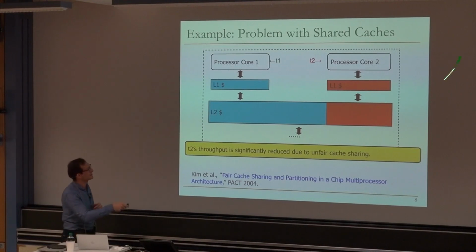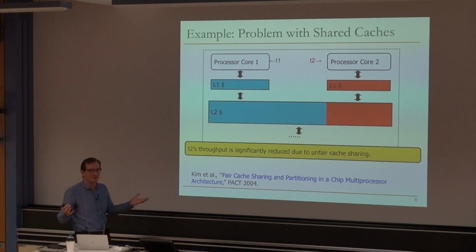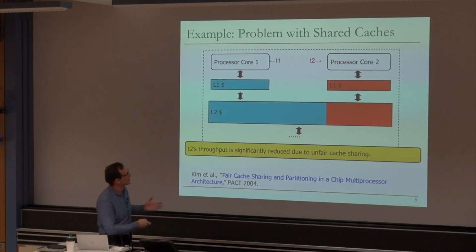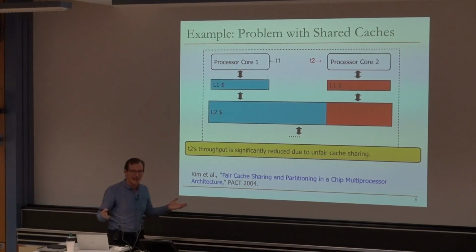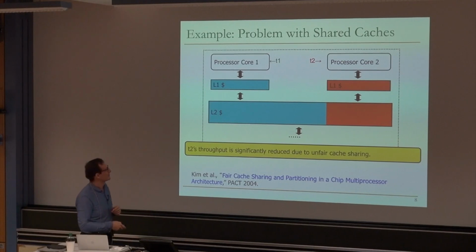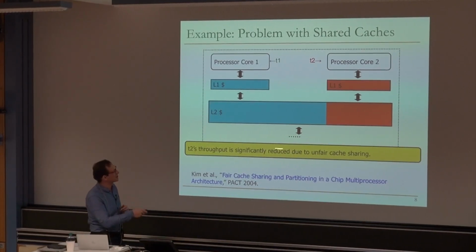As a result, this thread's performance degrades significantly. This thread's performance doesn't benefit much from caching, and you have a not so good sharing of the resources because nobody makes use of the cache in that case. So this happens, and people have developed mechanisms to partition the shared caches, which we may go into later on.